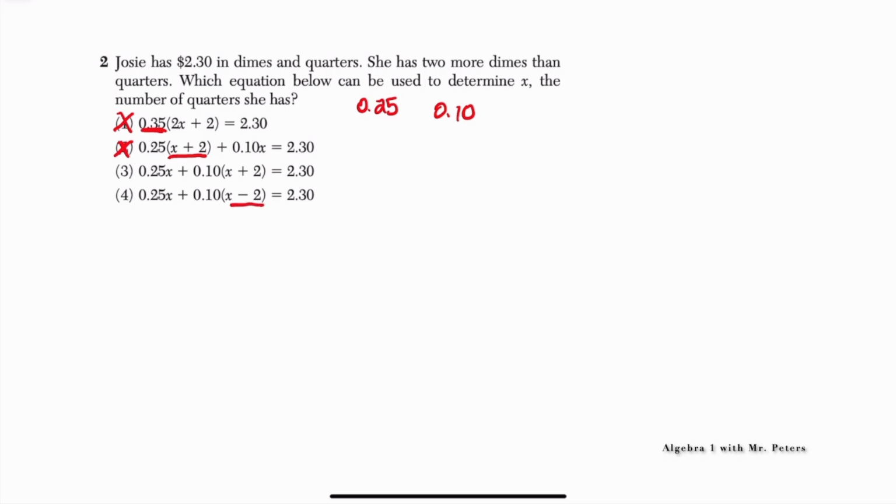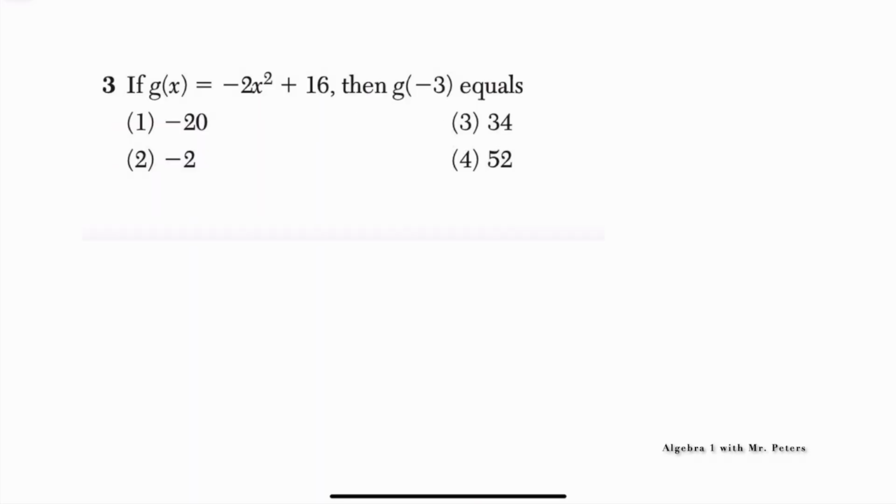We should already know this is wrong because of x minus 2. If she has 2 more, that means we're going to add. So the correct answer choice is going to be 3 because we know she has a certain amount of quarters, which is x, and then the amount of dimes she has is going to be whatever x is plus 2 as a final answer.